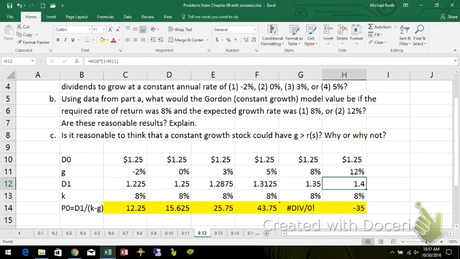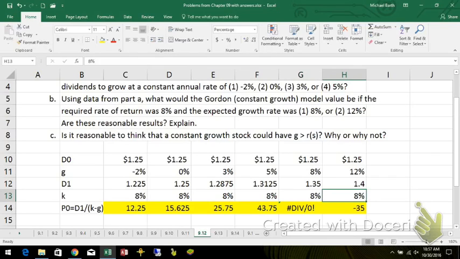The required rate of return would have to be at least equal to the growth rate plus something. So the rate of return is going to be greater than the constant growth rate because there's going to be some other intrinsic value of the company. If something's growing at 12%, you are not going to require a rate of return of less than that.